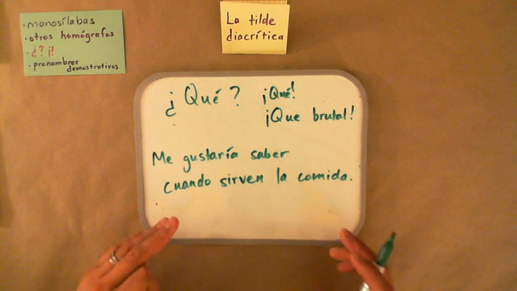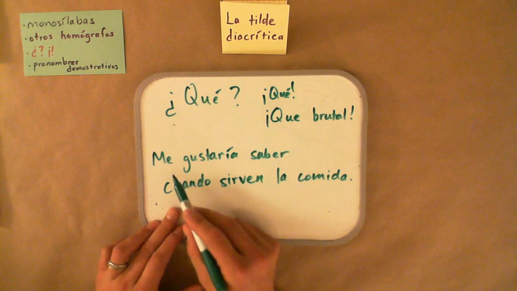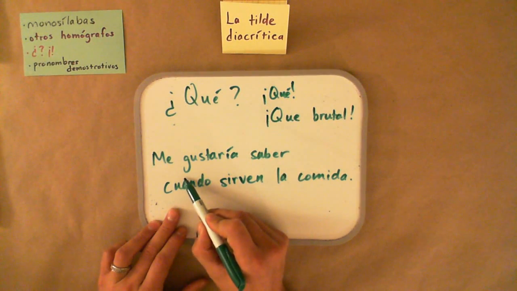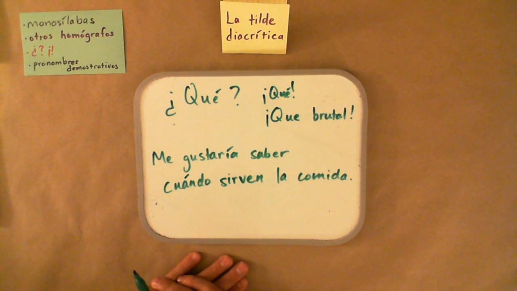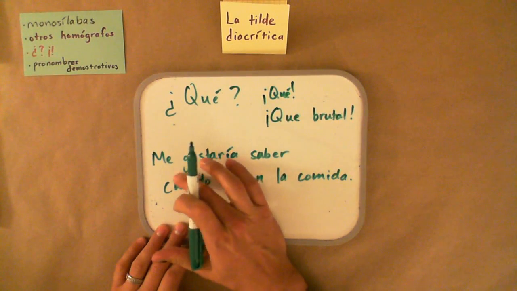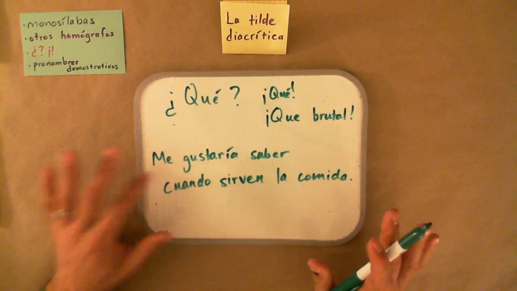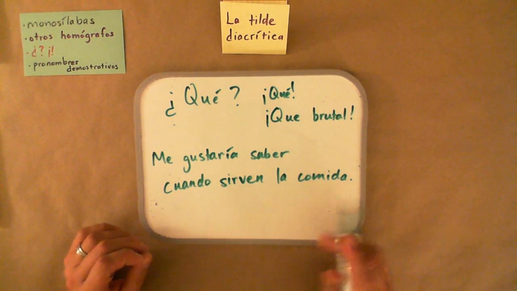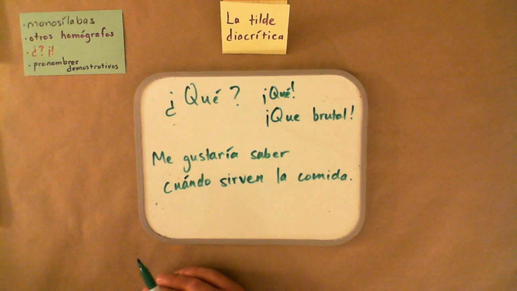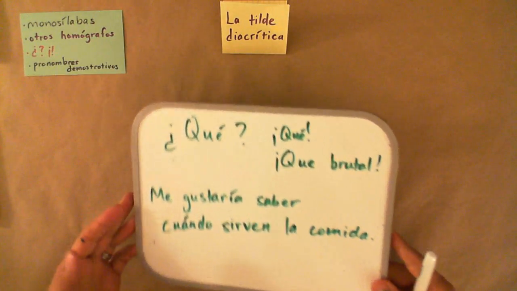But if you're trying to say, I would like to know when the food will be served, then you would say, me gustaría saber cuándo sirven la comida. This is different from the first one. This means don't tell me yet, because I want to know when they serve the food. I want to know when the food will be served.